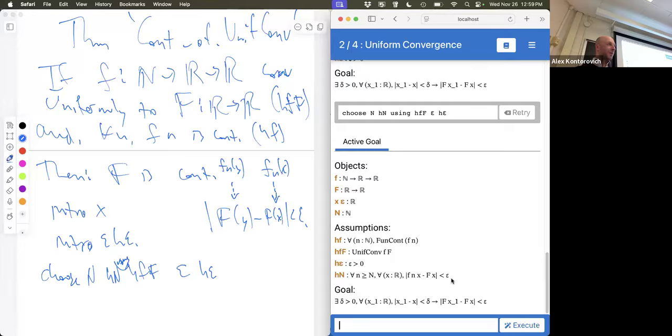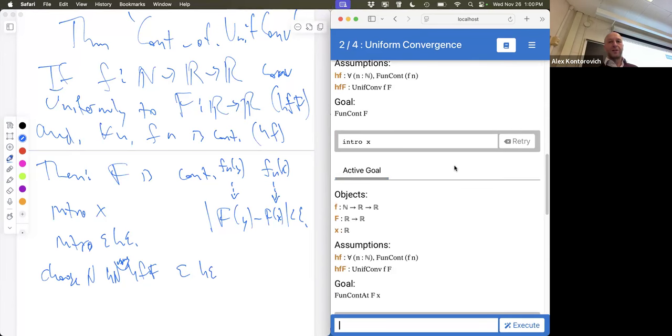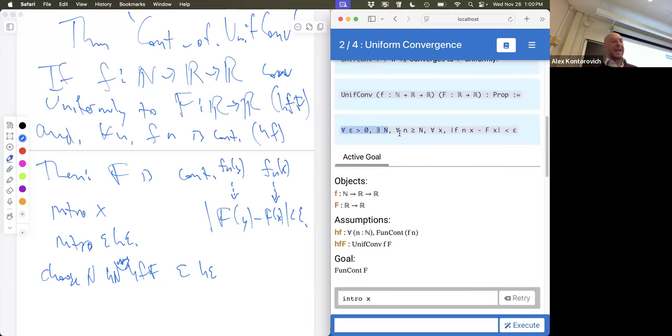Now what do I want to do? Yeah, where am I supposed to get a delta? Definition. We use the definition of uniform convergence. It's right here. It's for all epsilon, there exists an n, so that for all n past that point, and for all x.